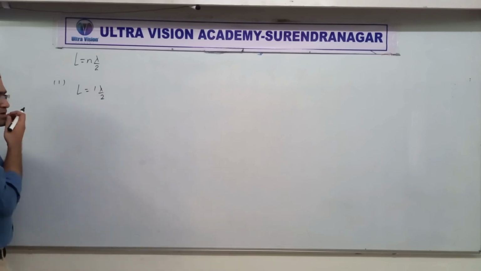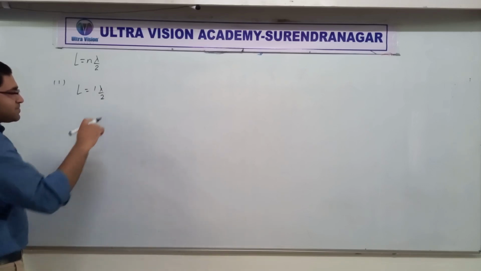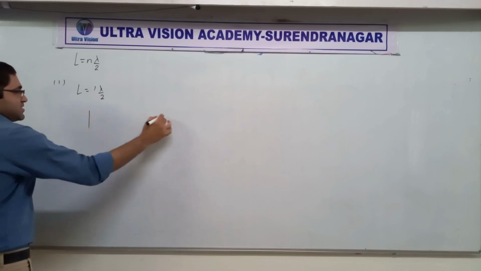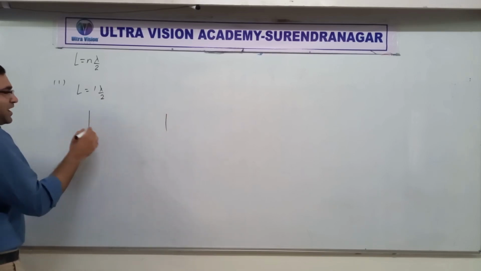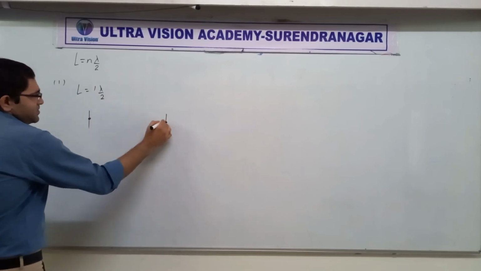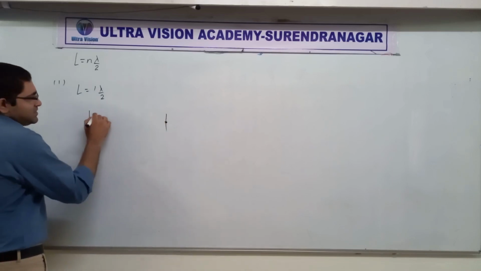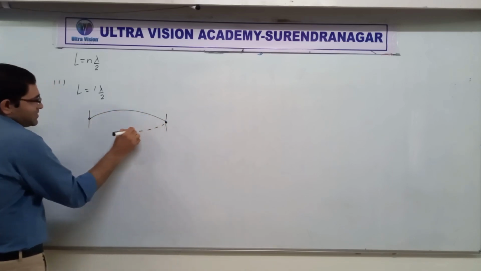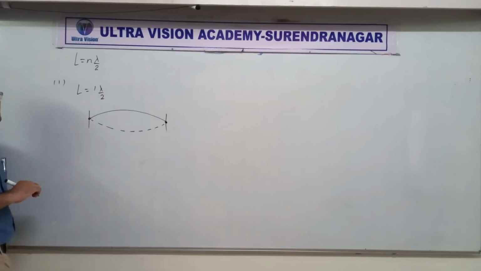Now I want all of you to understand what this means. If these are two endpoints where the string is tied, then we are getting one half of a wavelength between those two, right?